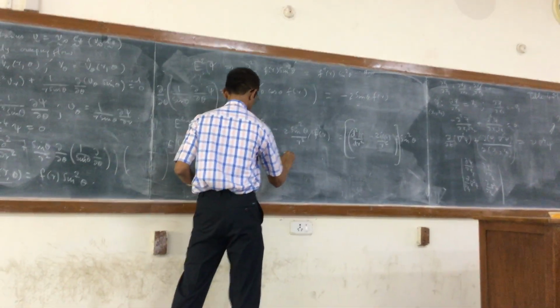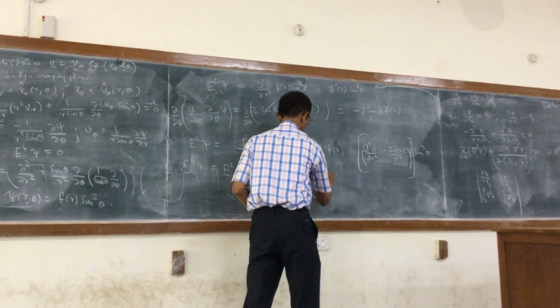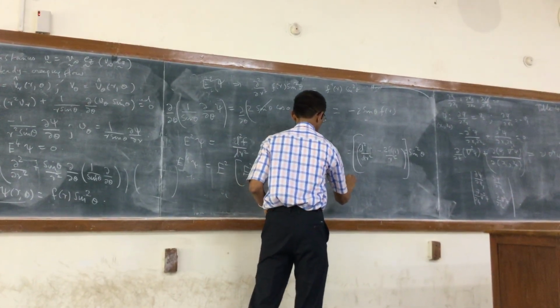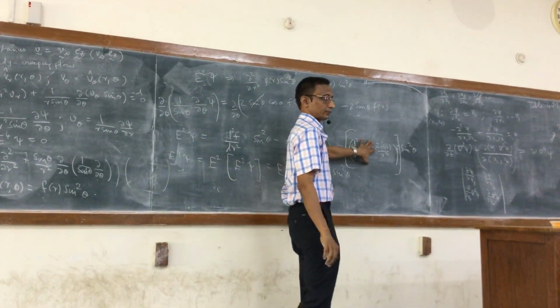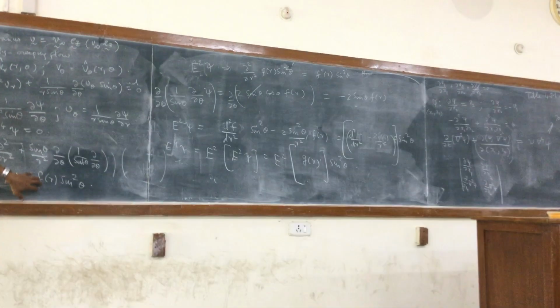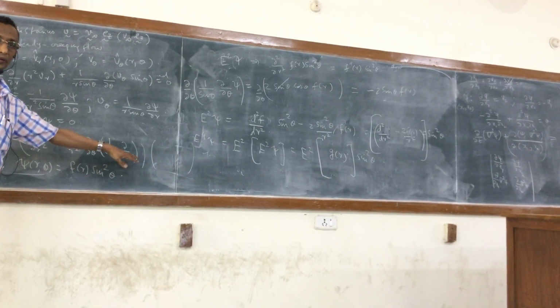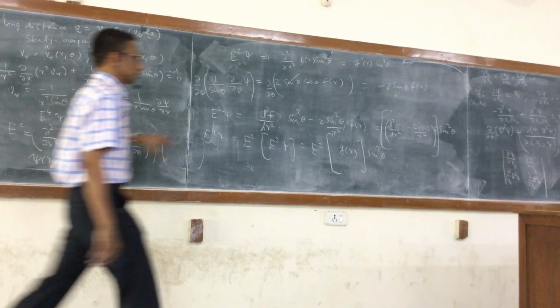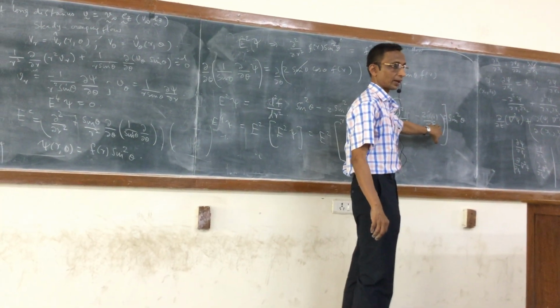It is E squared acting on some g of r times sine squared theta, where g is given by this. So now I apply the same rule. E squared acts on some function of r times sine squared theta, and I get sine squared theta times that function differentiated twice minus 2 times that function by r squared.